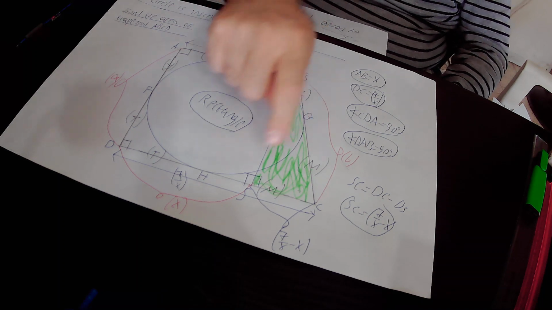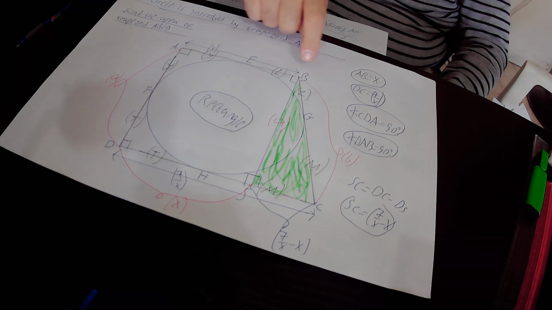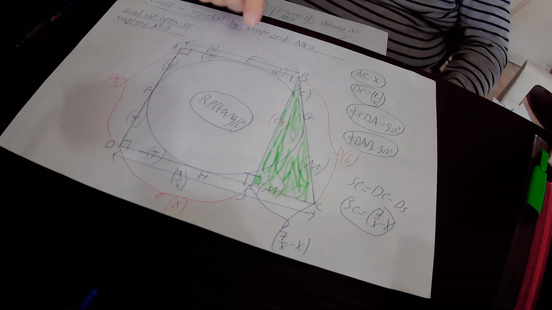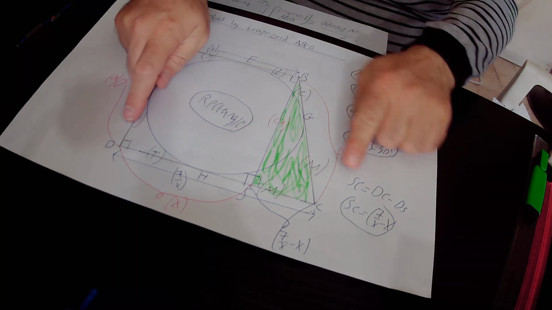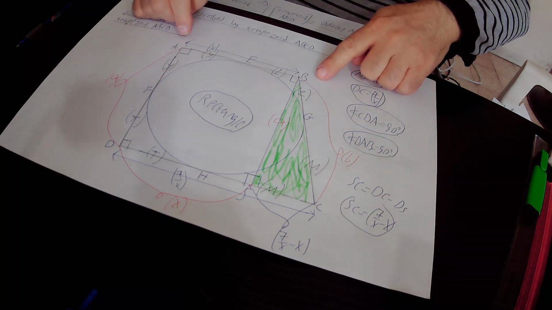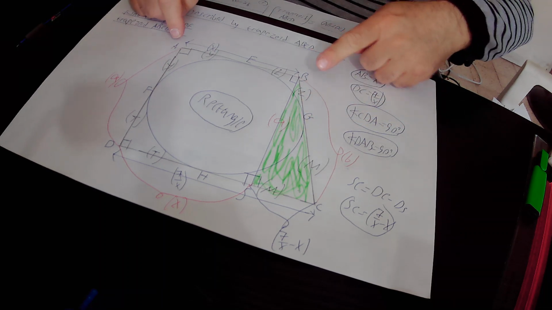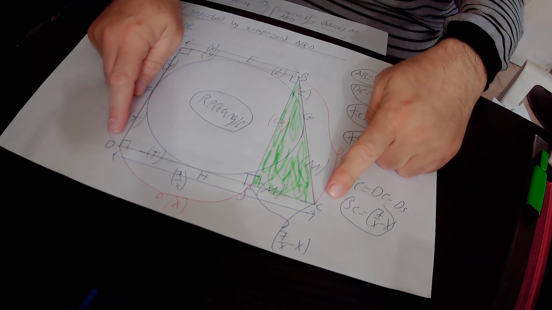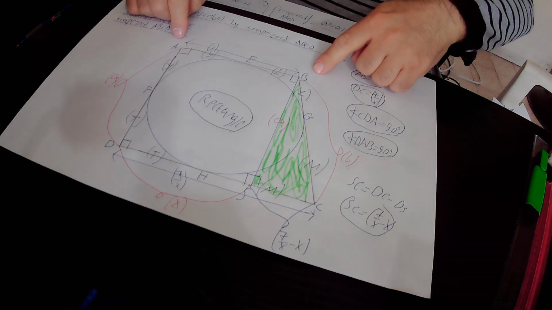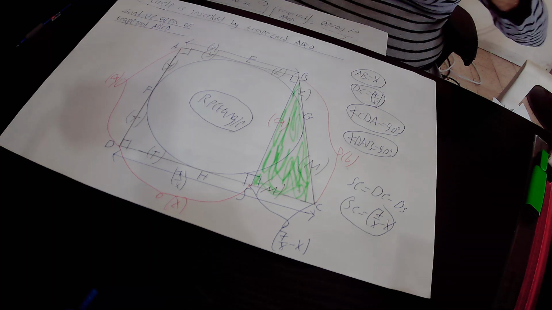Therefore, in rectangle ABSD, side AB is parallel to the opposite side SD. But SD is part of the straight line SC. So if part of a straight line is parallel to another straight line, then the straight line SDC itself must also be parallel to AB. In conclusion, we found out that DC is parallel to AB.